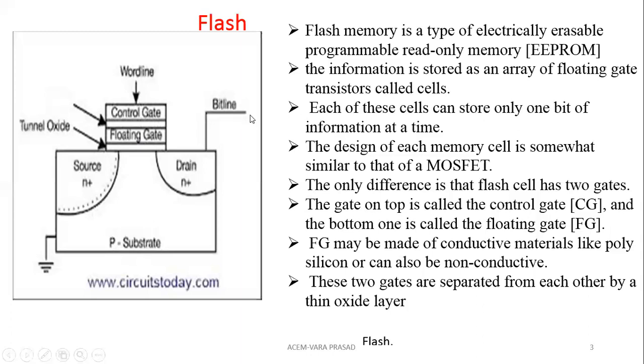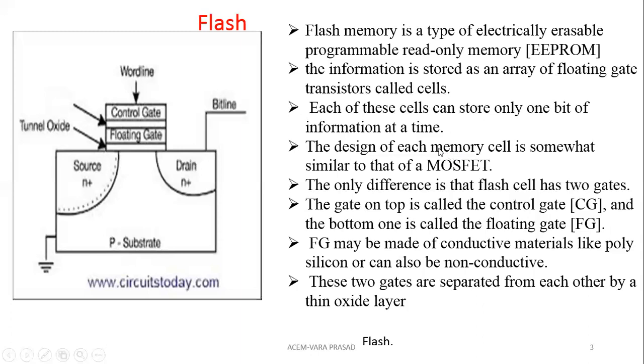That's why these MOSFETs are also called non-volatile memories. The information is stored in an array of floating gate transistors called cells. Each cell can store only one bit of information at a time.